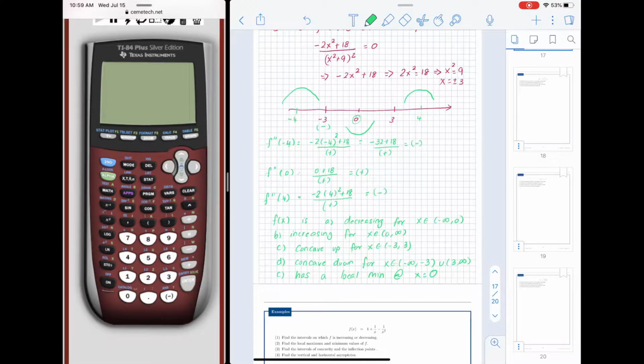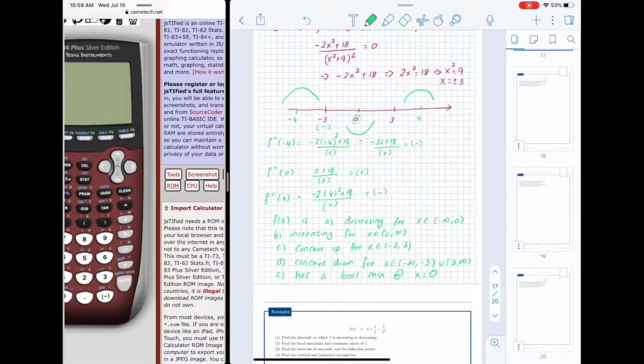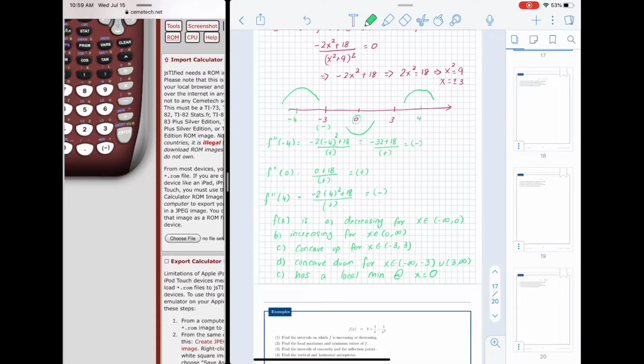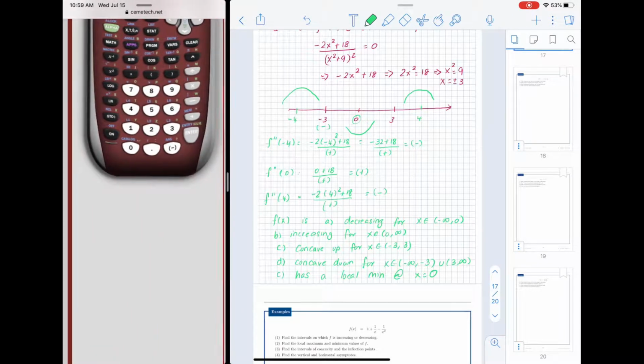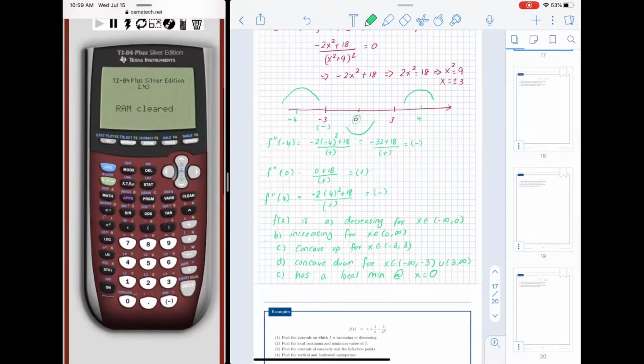So let's see if our graph agrees with what we did. ln of x squared plus 9, and the window I'm going to set from minus 5 to plus 5, and graph.